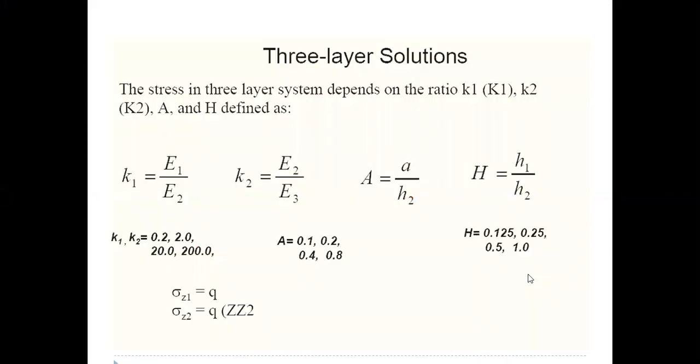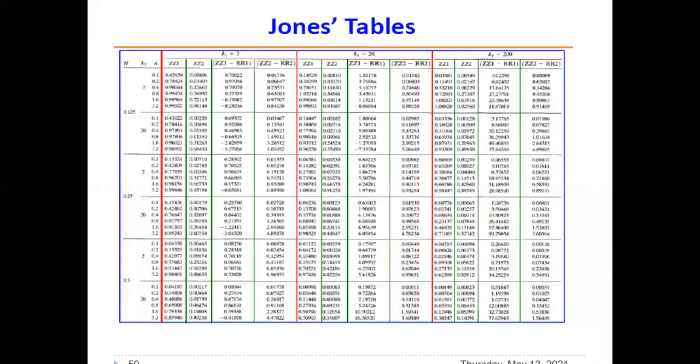All these stresses will depend upon the ratios K1, K2, A, and H. Jones has developed a chart to calculate these values, and once you know this value, you can find the relevant stresses.